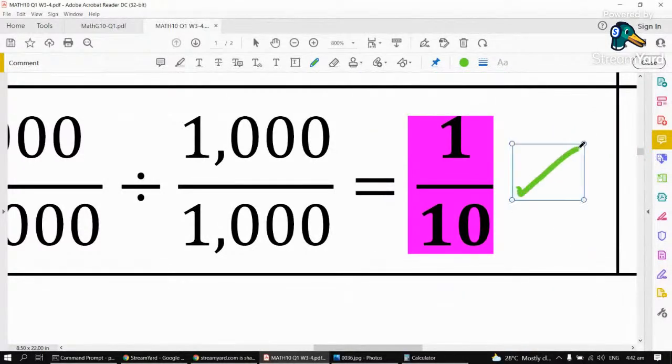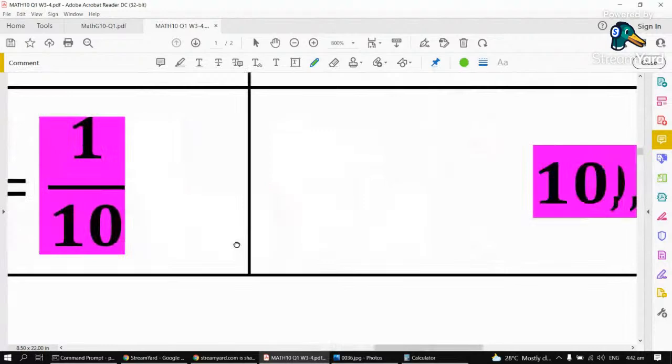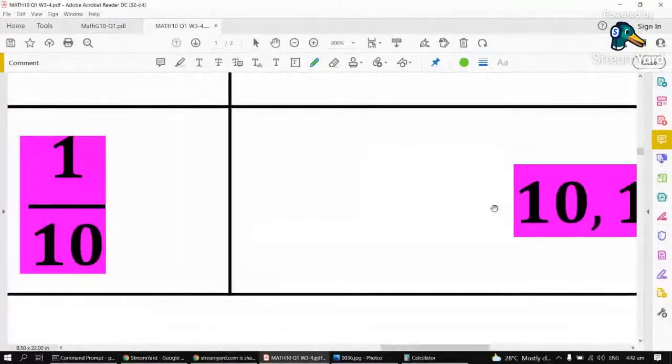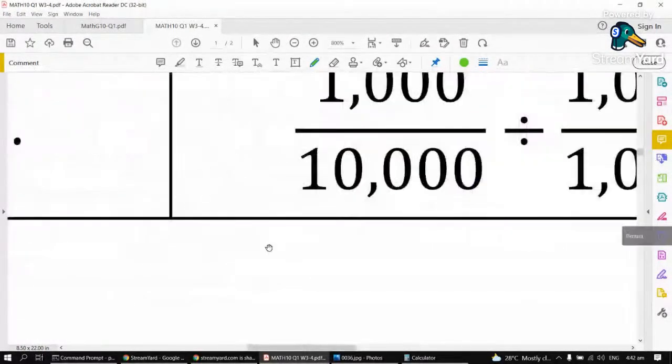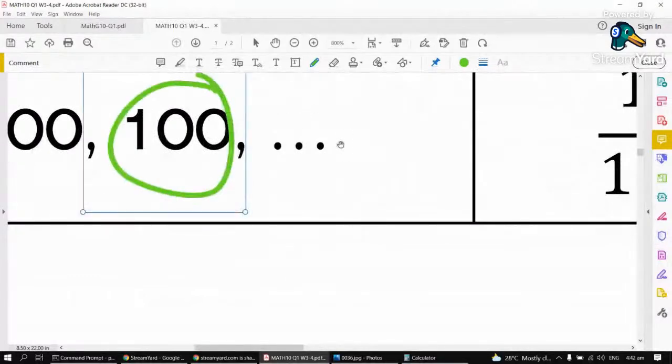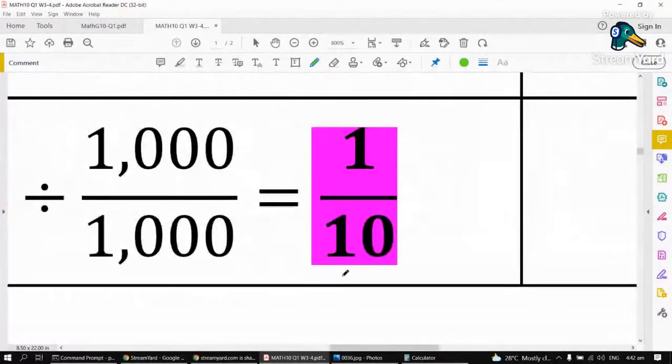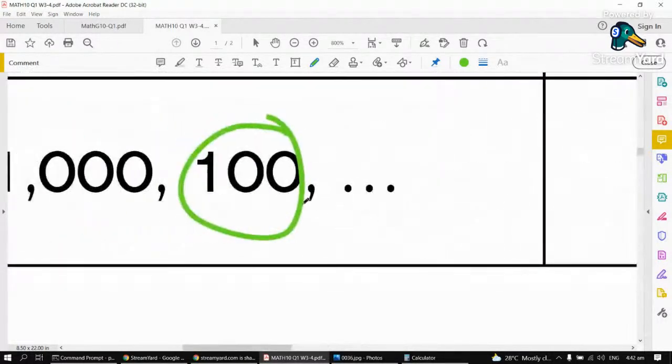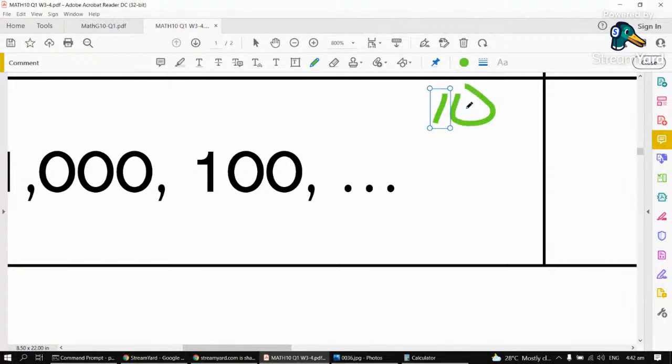So, ang next question is, ano ang next three terms? So, ang pinakahuli natin is 100. So, basically, ang ibig sabihin ng 1 over 10 is divided by 10. Di-divide natin sa 10. Okay, so 100, divide natin sa 10, that's 10.